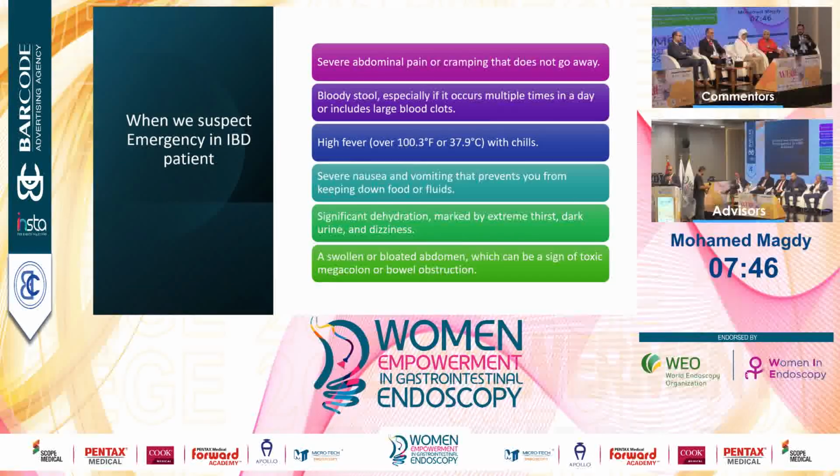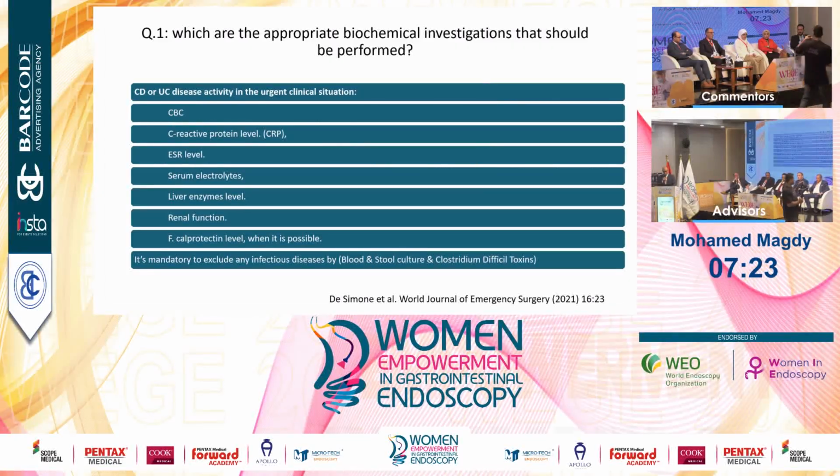A patient with sudden severe abdominal pain not responding to treatment, a sudden increase in the number of stools or bloody stool, or even massive hemorrhage from the GIT, high fever, severe manifestations of dehydration or sepsis, or a sign of abdominal obstruction or surgical abdomen. Of course, first of all, you should have your patient in the hospital.